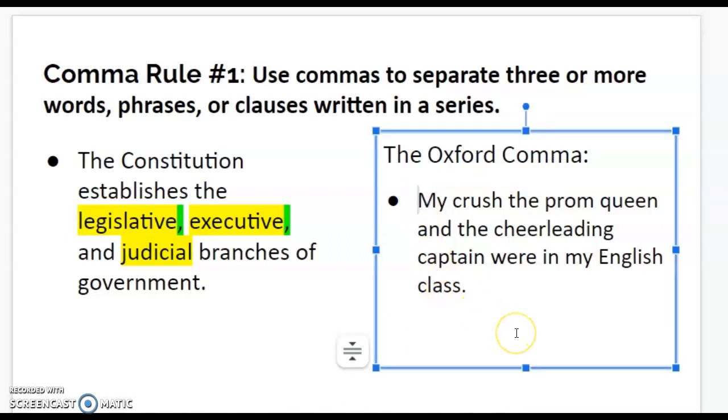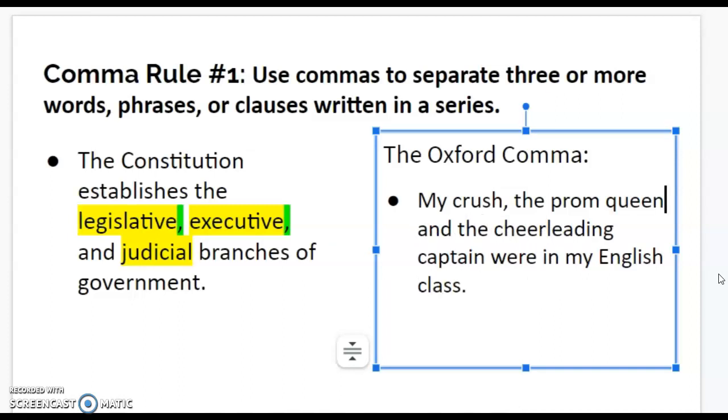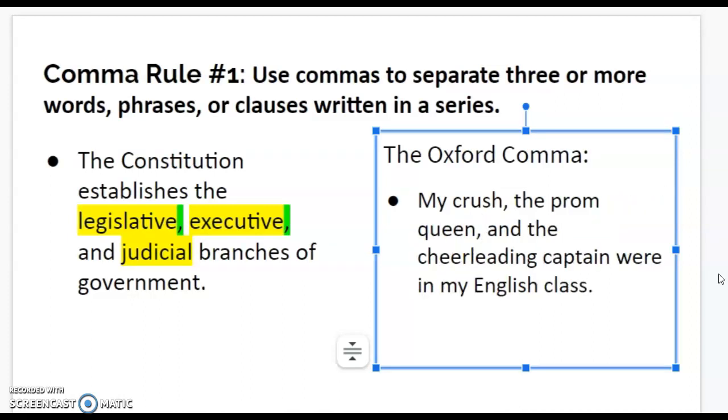My crush, the prom queen, and the cheerleading captain were in my English class. So obviously, I always put that first comma, and then the Oxford comma, like I said, is a stylistic choice. You can either put the comma here before the and, or you can leave it out. However, if I read it right now with the Oxford comma, my crush, the prom queen, and the cheerleading captain were in my English class.